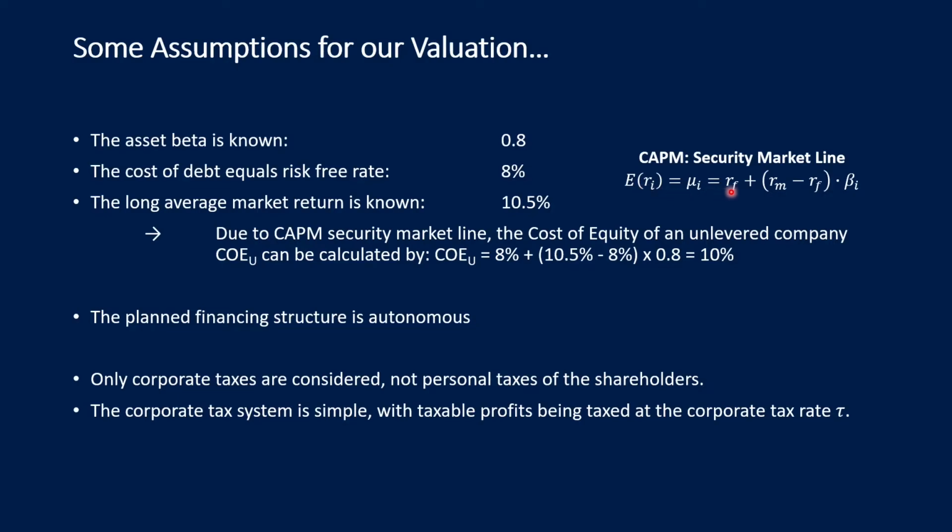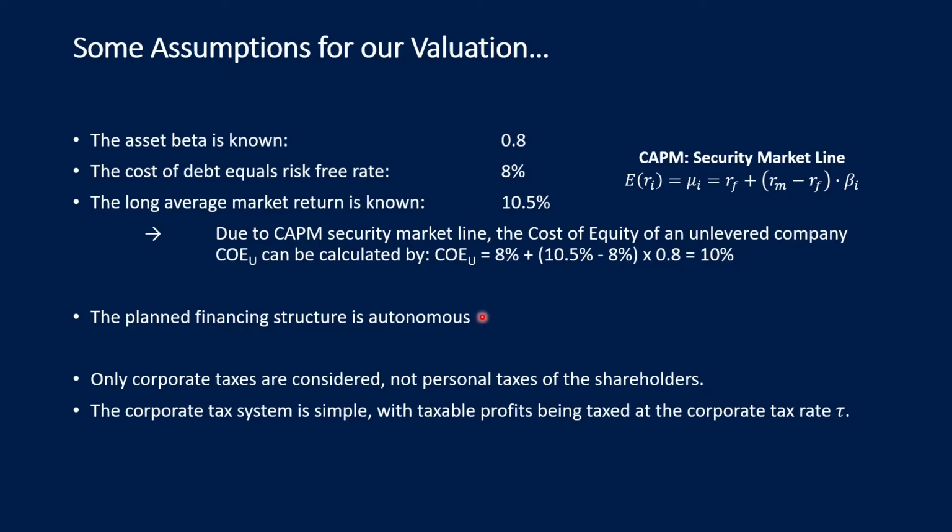That would be given by the cost of debt plus, in brackets, the market return minus the cost of debt. So in these brackets we see the market risk premium times the beta of the individual company. Or with numbers, 8% plus (10.5 minus 8) times 0.8, and that is 10%.